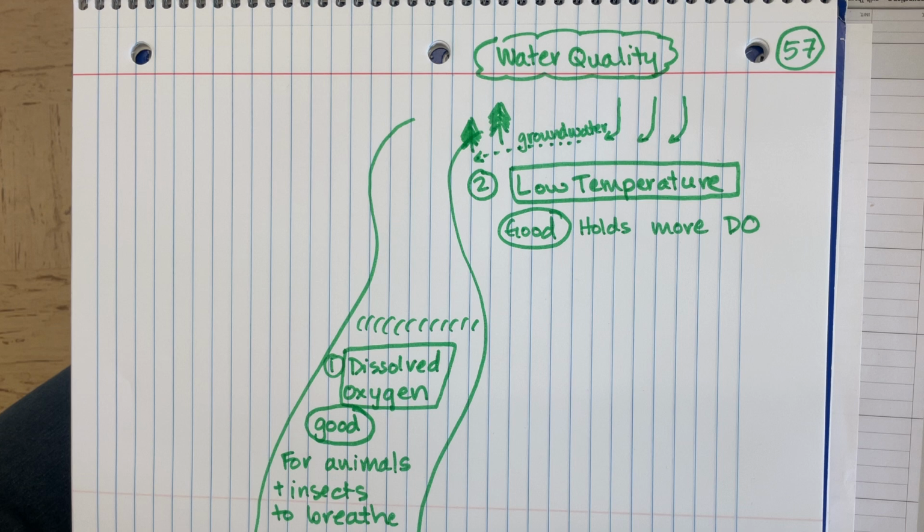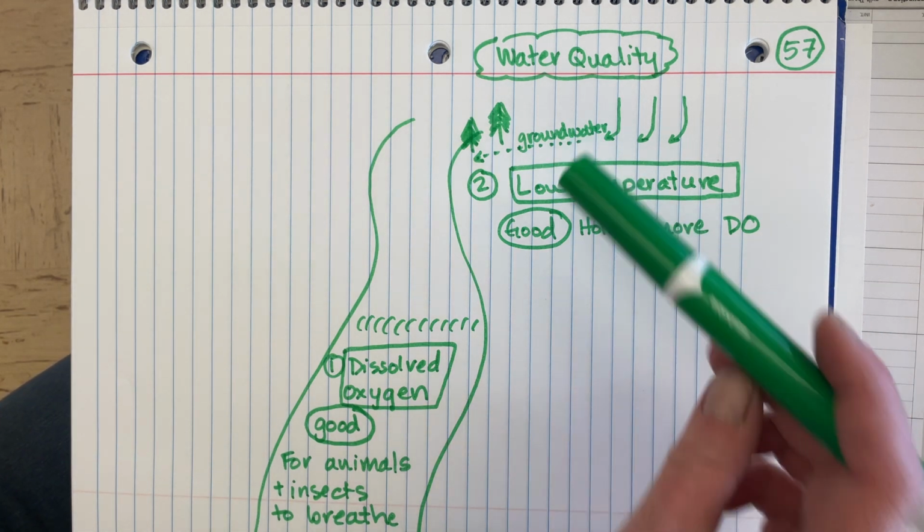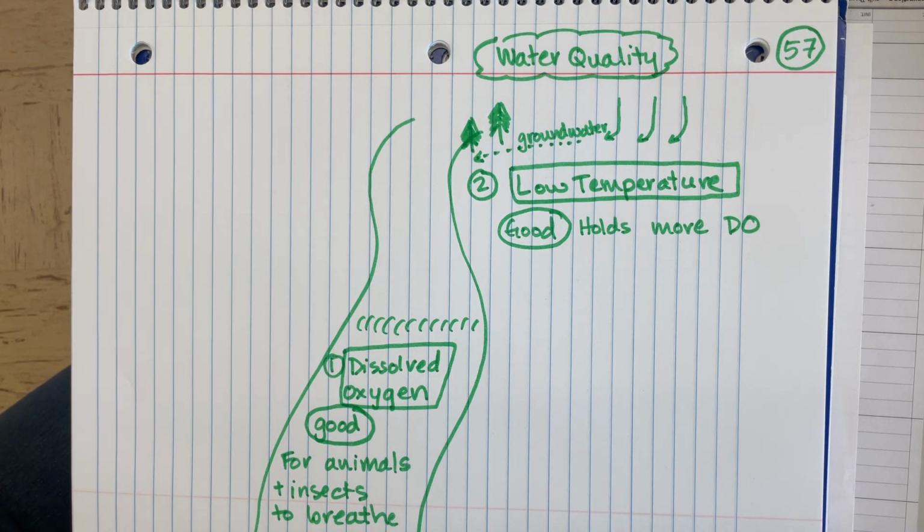So the more natural surfaces or porous surfaces where the water can soak into the ground, the better that is for the creek or river.